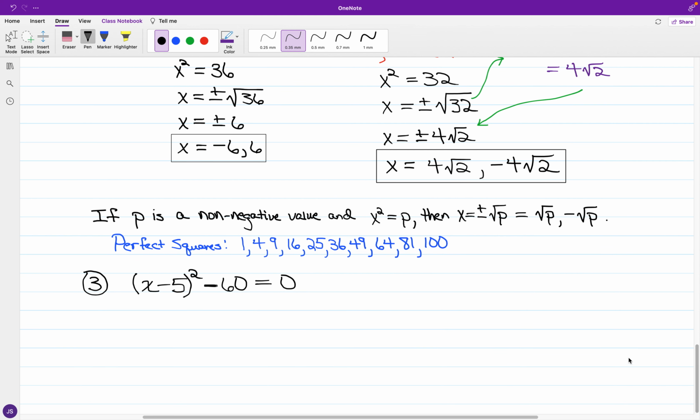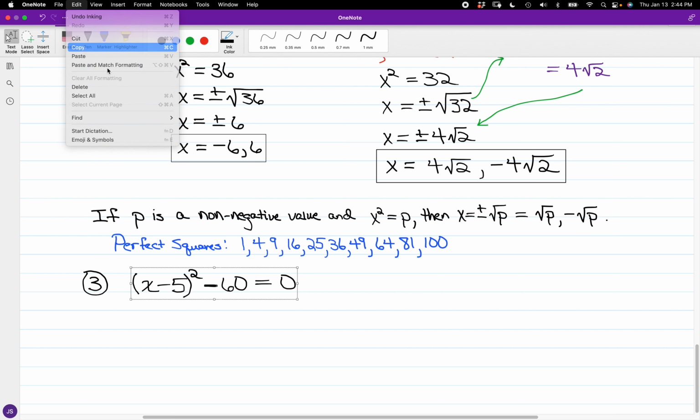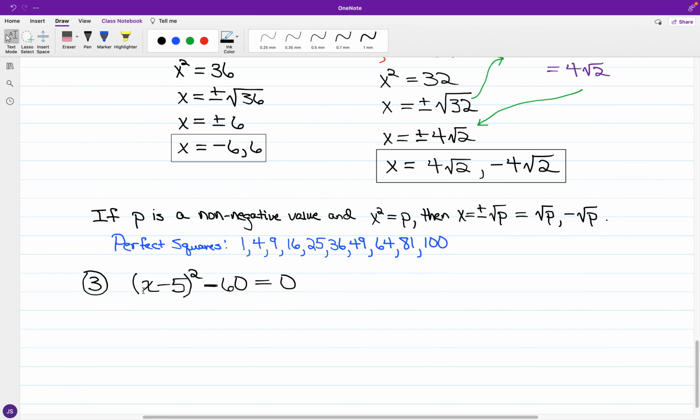So I have the square of x minus 5 followed by the subtraction of 60 is equal to 0. And working with this, if I isolate the squared variable expression, so it's not the square of x but the square of x minus 5.